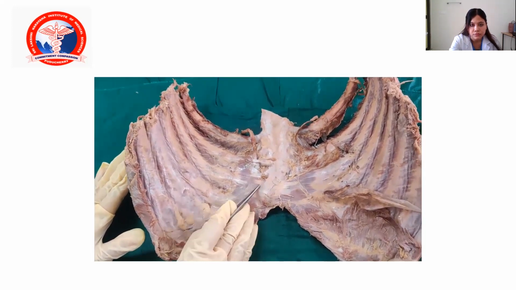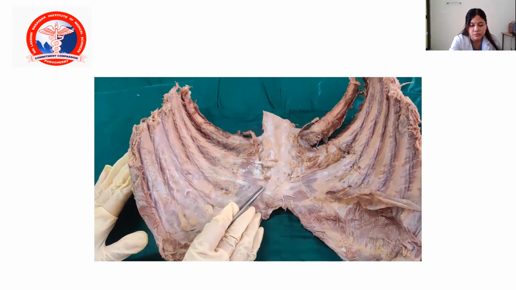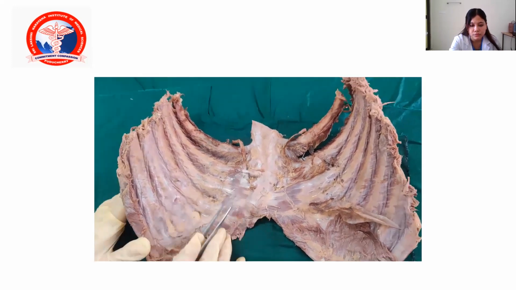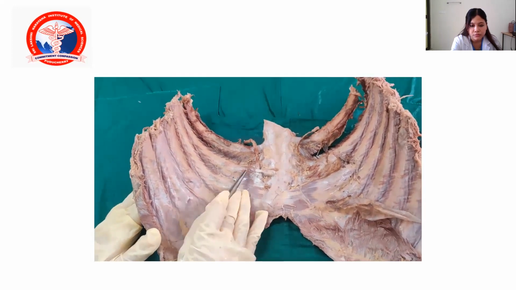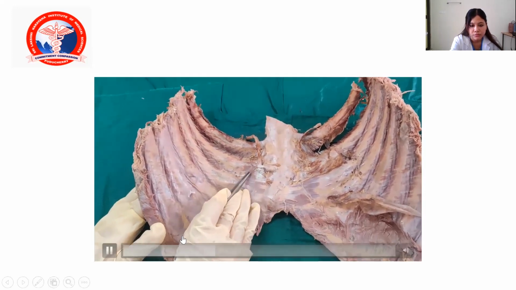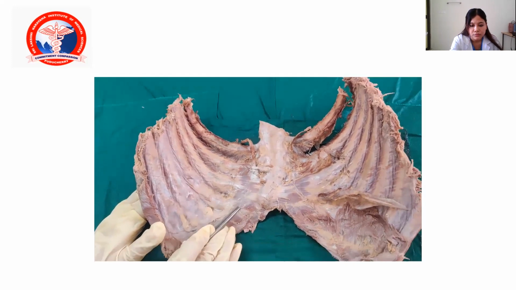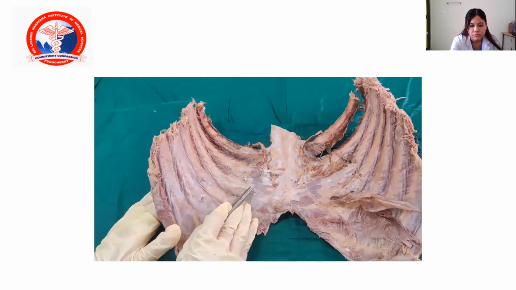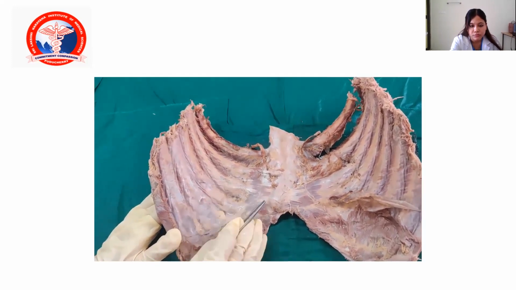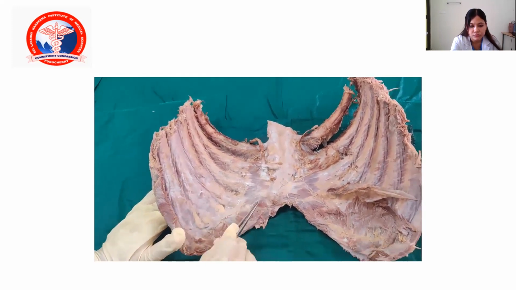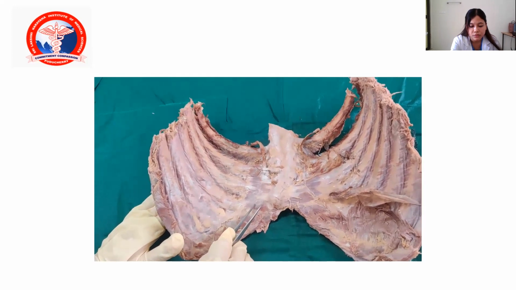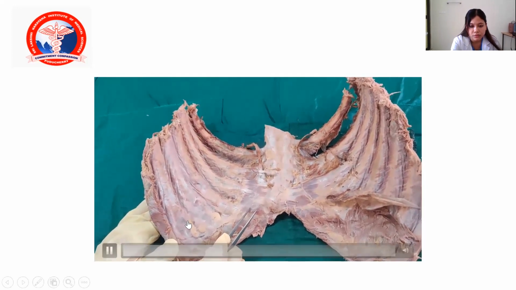And here the direction is upward, forward, and lateral. So this muscle is the sternocostalis muscle. It inserts over the, you can see here, the costal cartilages, so the inner surfaces of the lower costal cartilages. Okay. So this is about another part of the transversus thoracic muscle.